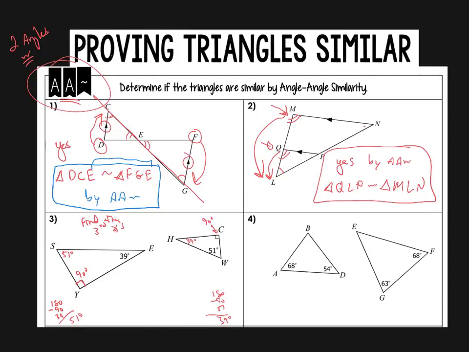And lo and behold, after I do the math, I have 39 and 51 respectively. The 51 here is over here at S, which matches up with W. Obviously, I have the 90-degree angles that match up, and I also have the 39-degree matches up.